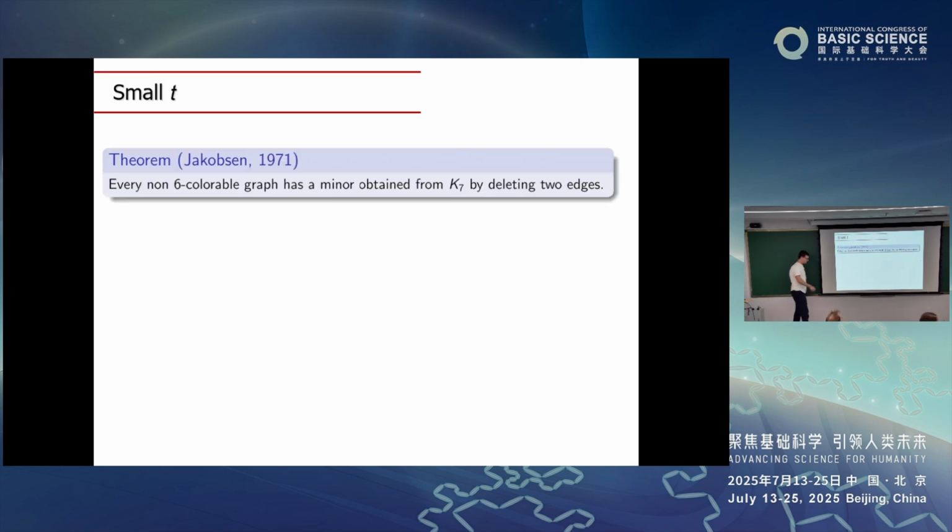And let me start at the same place I started the discussion of the previous variation, at the smallest value of t for which Hadwiger is not known.